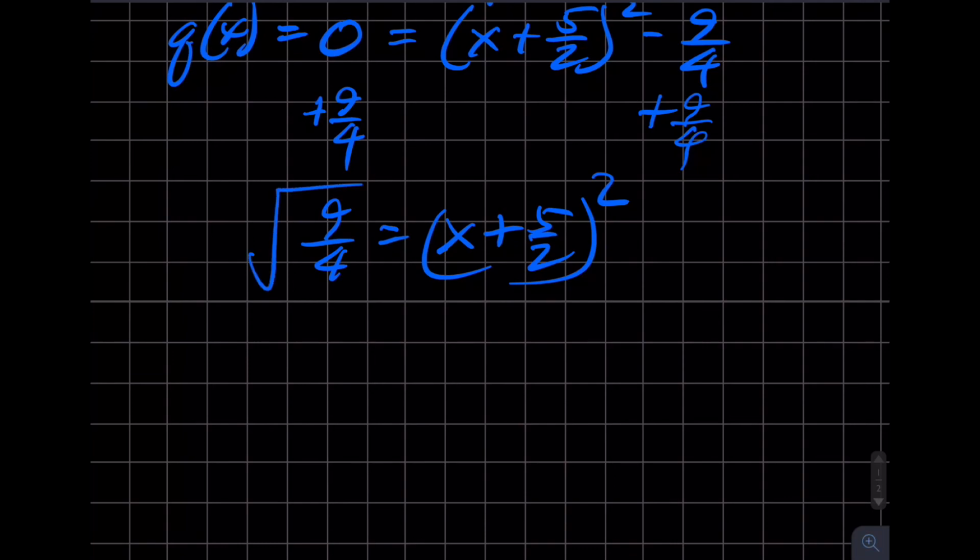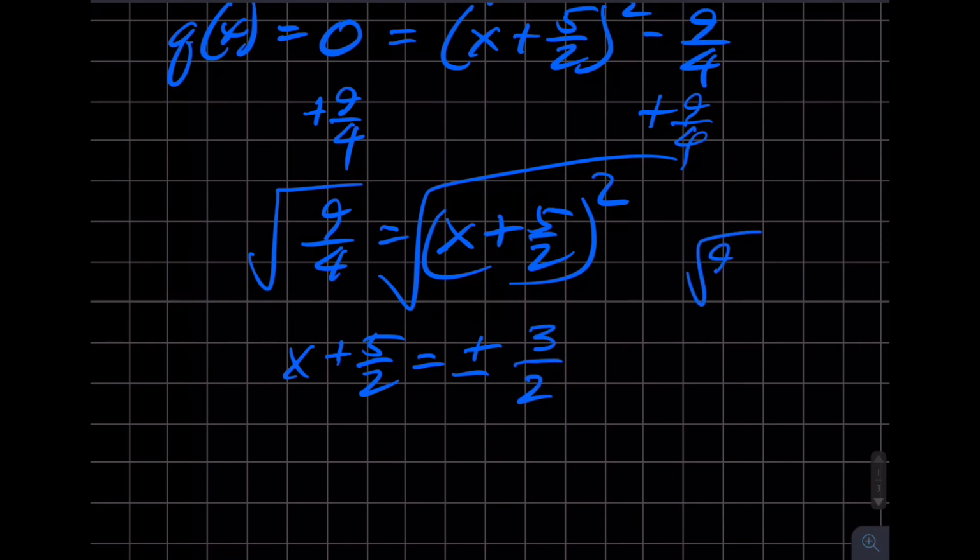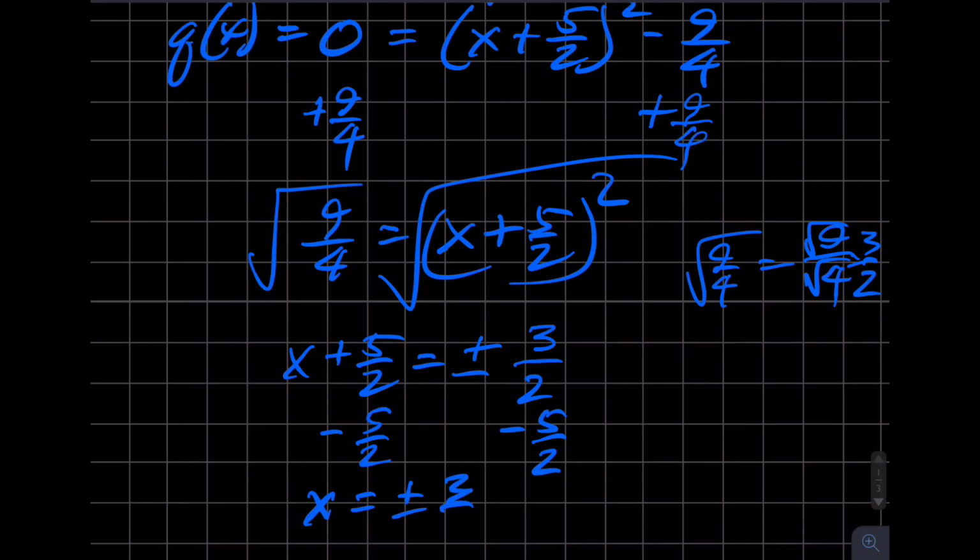Take the square root of both sides. I'm going to get x plus 5/2 equals plus or minus the square root of 9/4. But the square root of 9/4 is 3/2, because the square root of 9/4 is equal to the square root of 9 over the square root of 4, which is equal to 3/2, plus or minus. Now I'm going to subtract 5/2 from both sides. And so I'm going to get x equals plus or minus 3/2 minus 5/2.